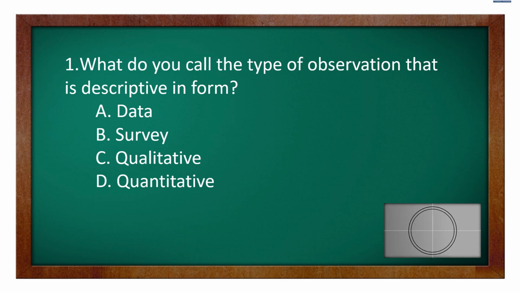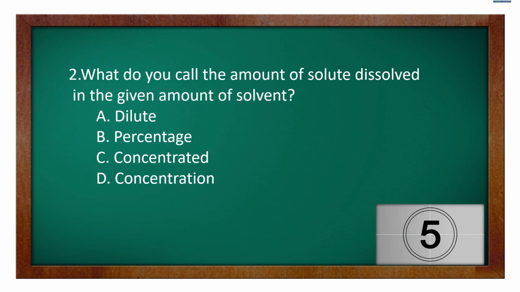Okay, check your own work because the correct answer is letter C, qualitative. Next question. What do you call the amount of solute dissolved in a given amount of solvent? A, dilute, B, percentage, C, concentrated, and D, concentration. The answer is letter D, concentration.